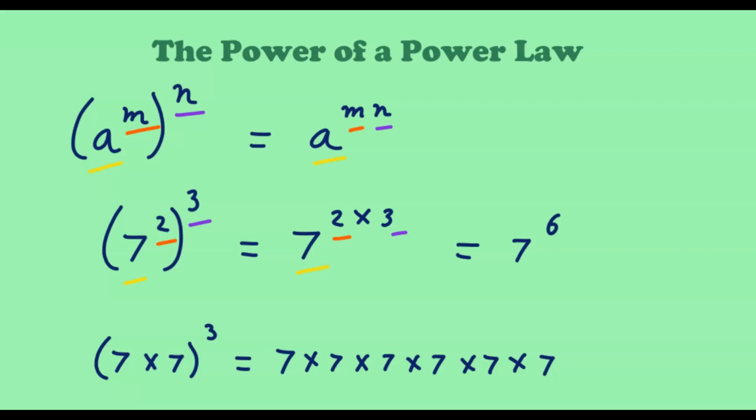So we can see that we have multiplied 7 times 7 by itself 3 times. And if we do that, we end up with 7 multiplied by itself 6 times, and so this is 7 to the power of 6. And we can see that we have the same answer, and so this is why the power of a power law works.